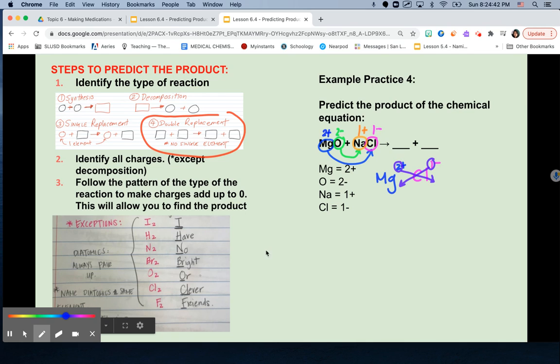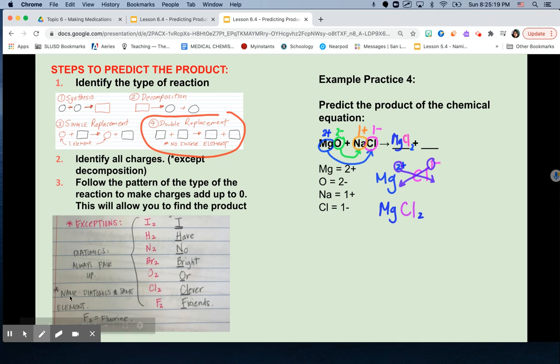So therefore, I'm going to have 1 Mg, but I don't need to write the number 1 down. Cl is going to be 2. All right, so one of my products is going to be MgCl2. All right, my other product is going to be O with Na.